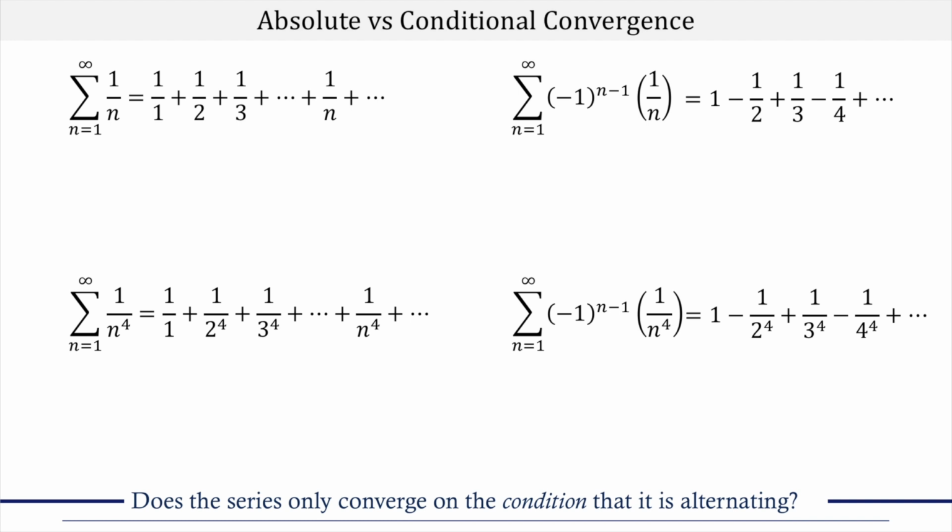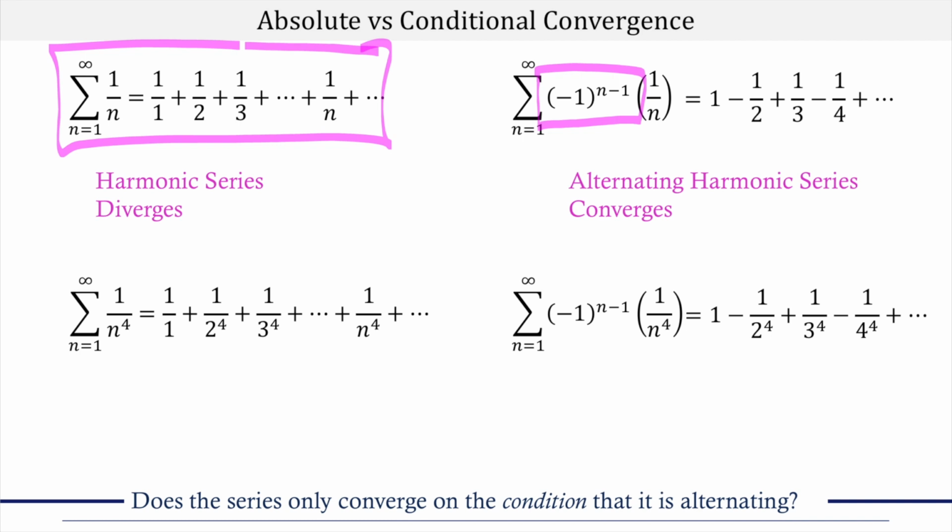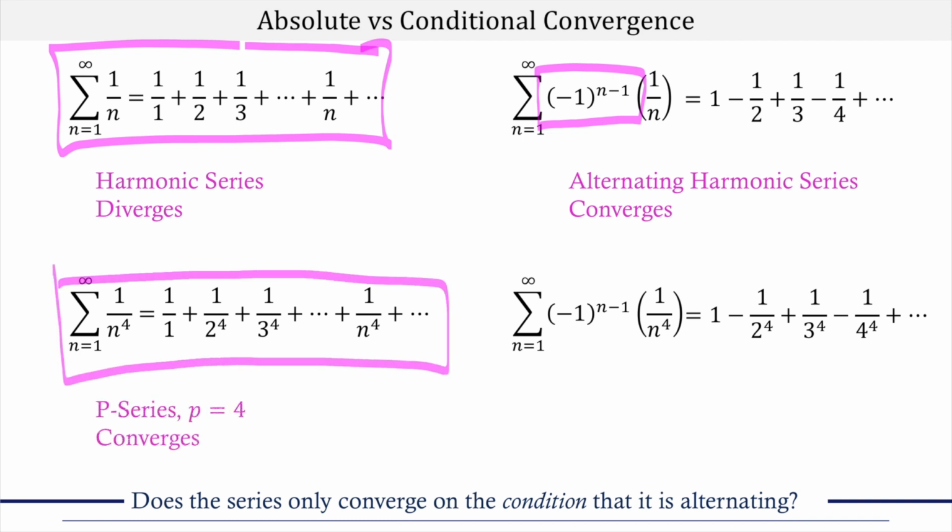We've got a number of series here, and this first one, that's the harmonic series. It diverges. Now, when we add an alternatingness to it, we get the alternating harmonic series, and it converges. Huh. All right, let's look at this one. That's a p series. P equals 4, so that series converges.